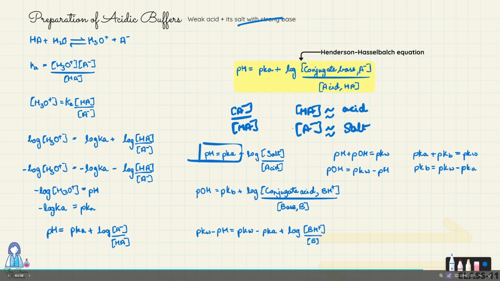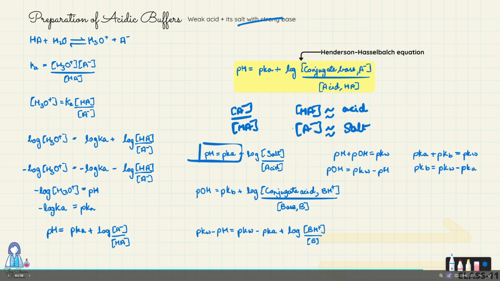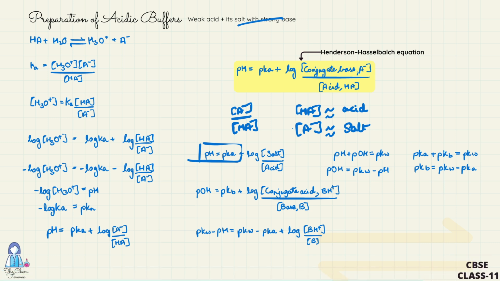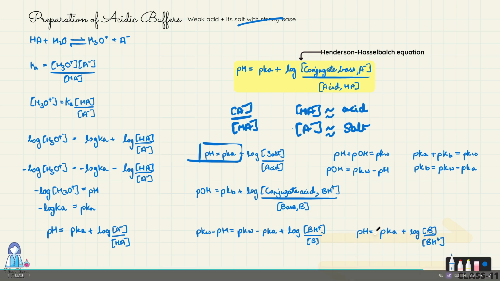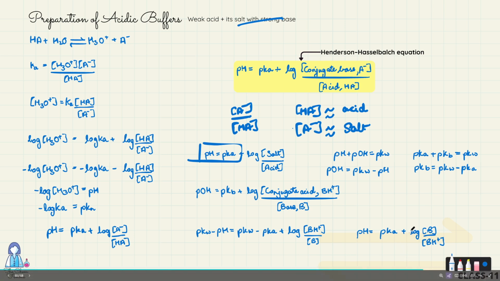In your textbooks they've said that pH equals pKa plus log BH plus by B. But I don't think that might be right, because when you substitute all the values, you are left with pH equals pKa plus log B by BH plus, because you have to switch the numerator and the denominator. If not, you'll be left with a negative log. Again, if anybody has any suggestions with respect to this, feel free to let me know.